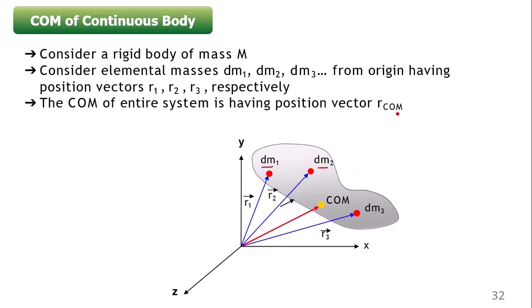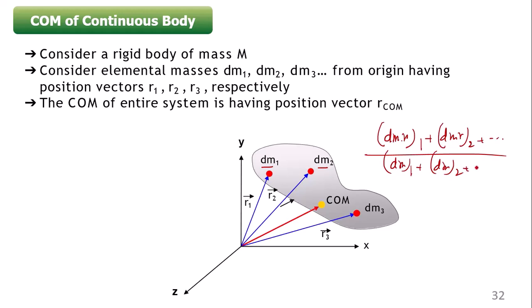That means in the numerator, I want to calculate the product of dm into r for particle number 1, plus the product of dm into r for particle number 2, like this way. And in the denominator I want to calculate dm for particle number 1 plus dm for particle number 2, like this way. That means this gives the idea that I want to calculate a repetitive sum.